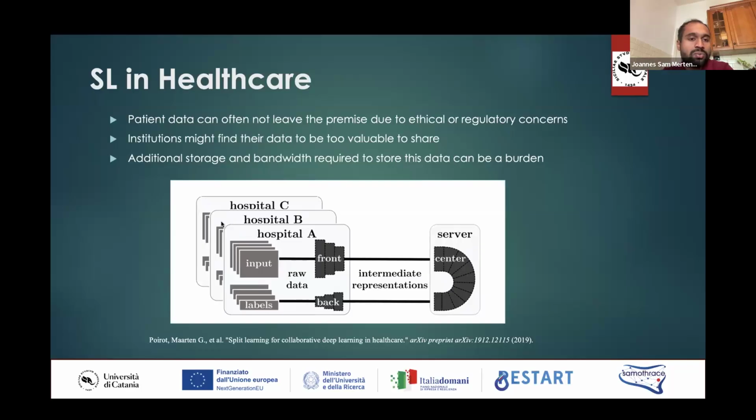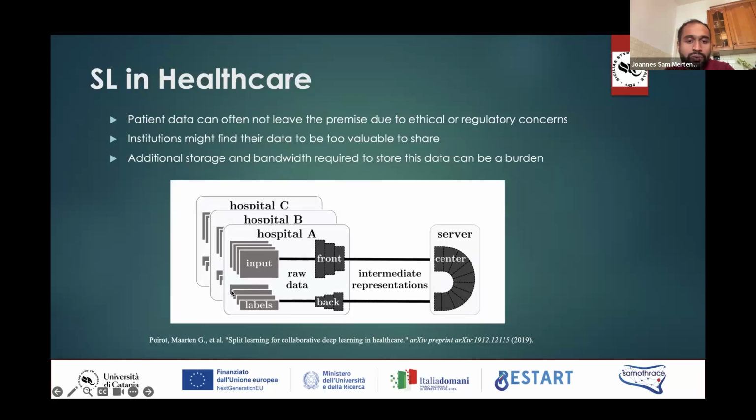So this is a hospital scenario. When you want to collaboratively train models between hospitals, there are hospitals A, B, and C. The neural network is split. When you talk about convolutional neural networks or long short-term memory neural networks, the neural network is split between the hospitals and the servers, and you do not send the model parameters or the raw data; you send only the intermediate representations, meaning only the activation functions.